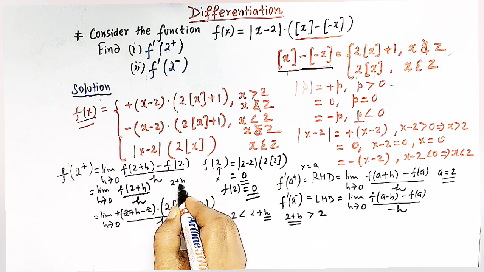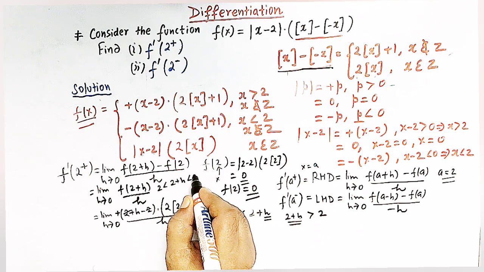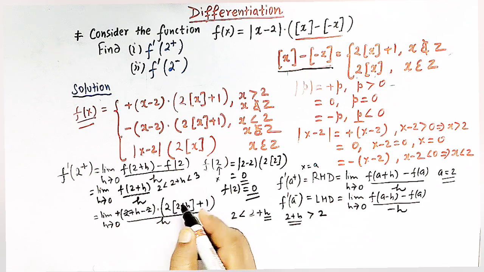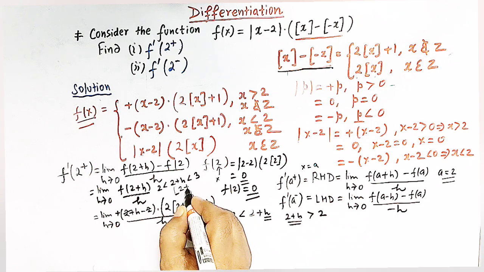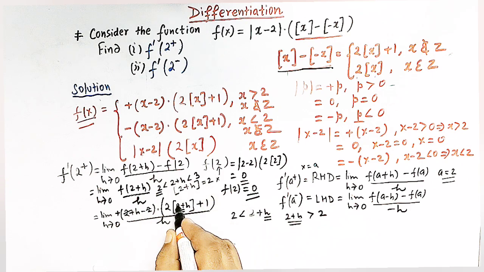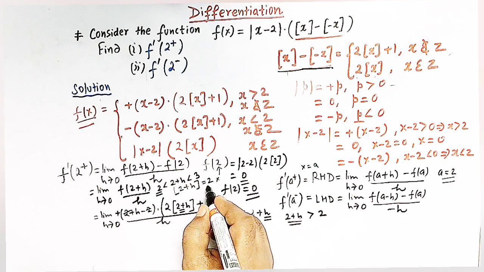Now see, 2 plus h is slightly greater than 2, but it is less than 3. So by the definition of greatest integer function, the value of greatest integer of 2 plus h should be equal to 2. So here I will write greatest integer of 2 plus h equal to 2.